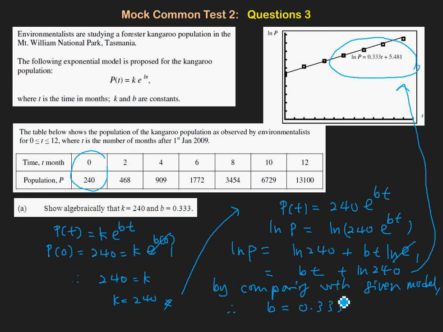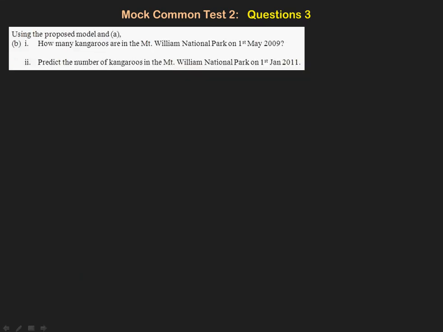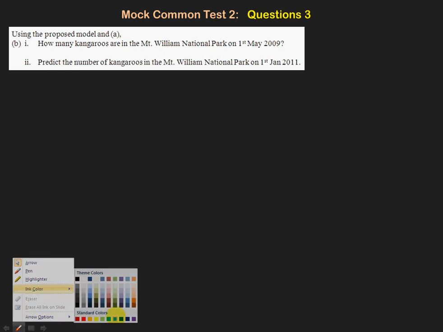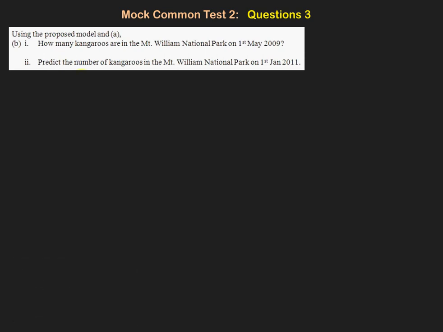Now moving on to here, using the proposed model. So we have this P, we know now it's 240 e^(0.333t). So how many kangaroos are in Mount William National Park on 1st of May? First, some idea about time. Time 0 is 1st of January 2009.